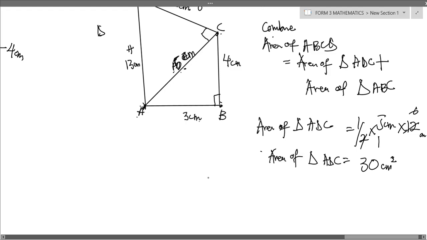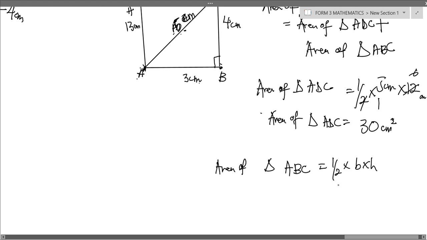Then we come to our second area. Area of triangle ABC is equal to half the base times the height. And what is the base? The base is 3 centimeters. So half times 3 times, what's the height? 4 centimeters. 2 goes into itself 1, 2 goes into 4 how many times? 2.